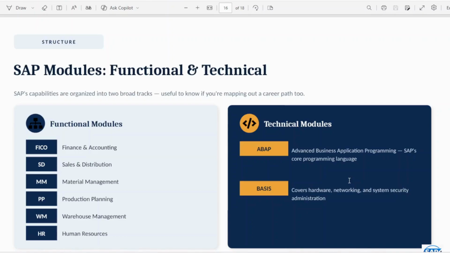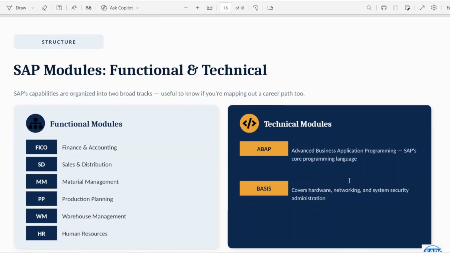On the functional side, we have modules like FICO, finance and accounting, sales and distribution, material management, production planning, warehouse management, and human resources. On the technical side, we mainly have ABAP, which stands for Advanced Business Application Programming language, SAP's core programming language, and BASIS, which deals with the hardware, networking, and system security.